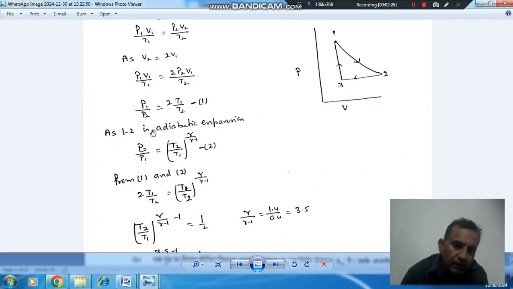From 1 and 2 we have 2 T1 by T2, because P2 by P1 is T2 by T1 raised to gamma by gamma minus 1, so it will be (T1 by T2) raised to gamma by gamma minus 1.